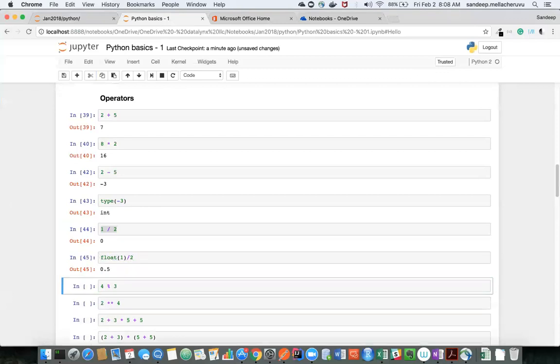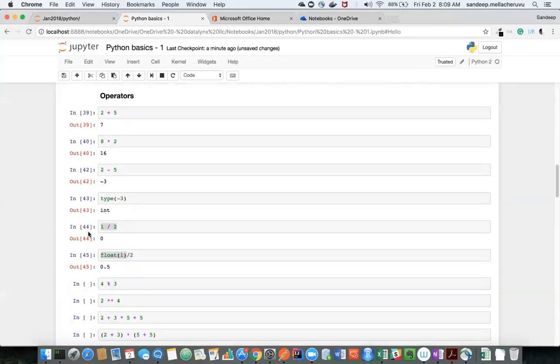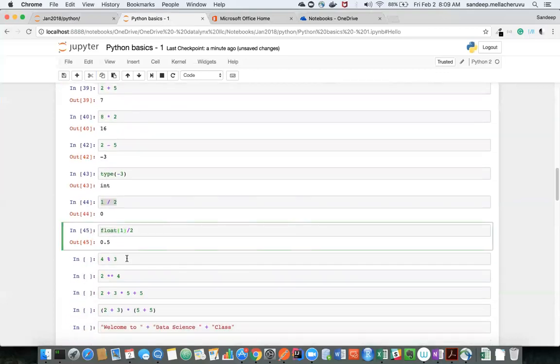Now you will get 0.5. Whenever you are doing division with two integer numbers, at least one of them you keep enclosed with float, just like you enclose this with type. Float is another function. We'll go to functions, but this is something that is needed at this point.